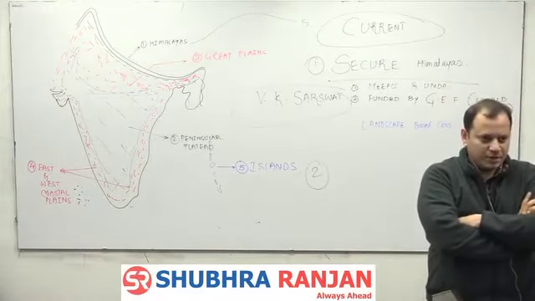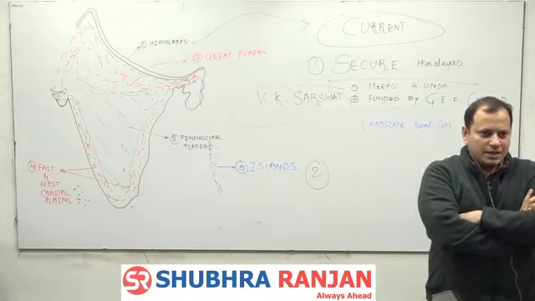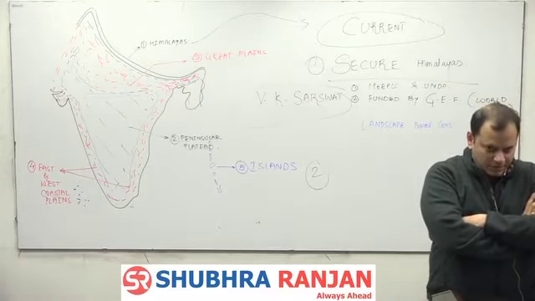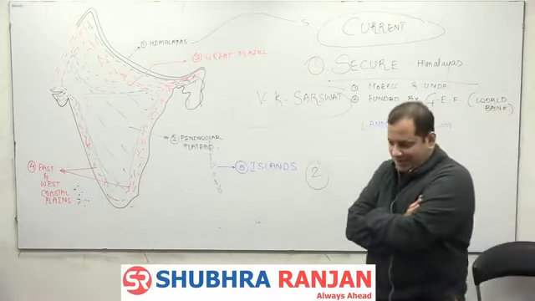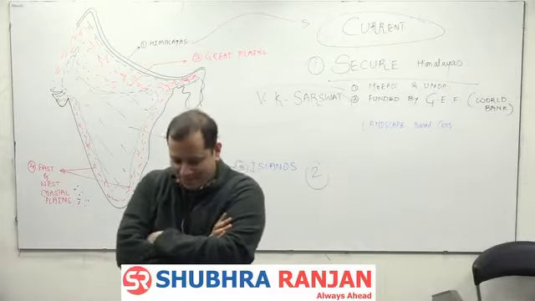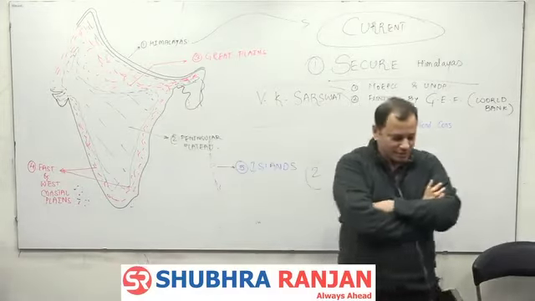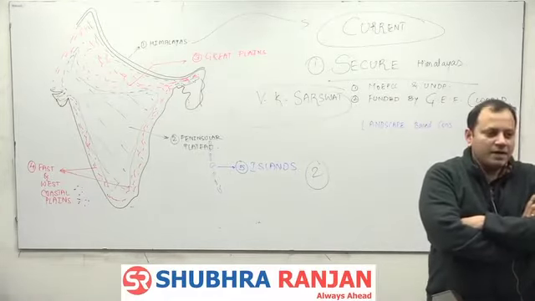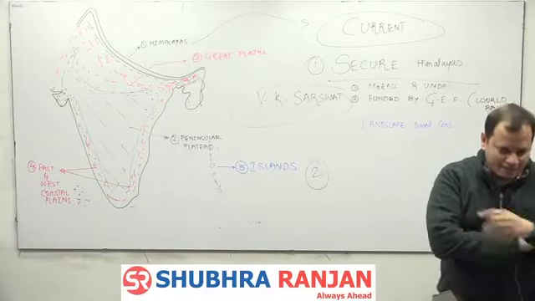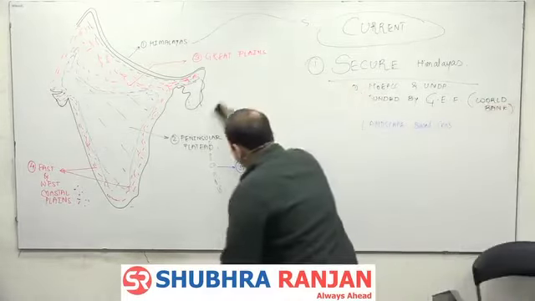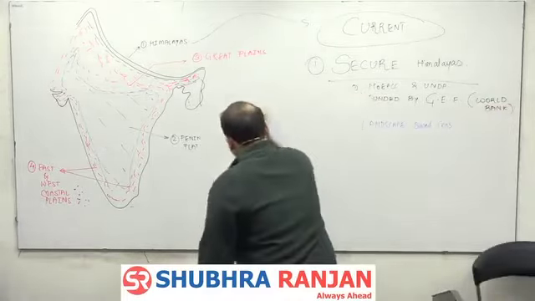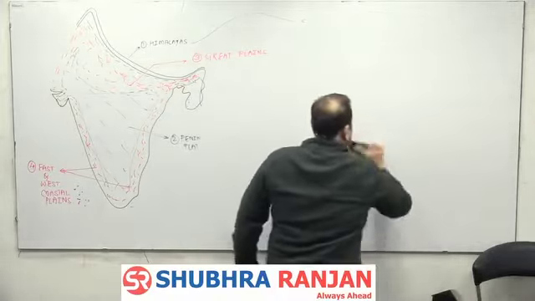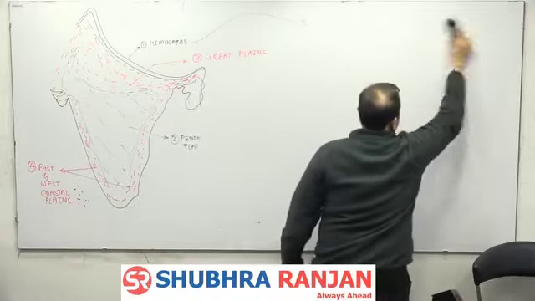Council consists of chairman, chief secretaries, not secretaries, chief secretaries of Himalayan states, and secretaries of important central ministries.